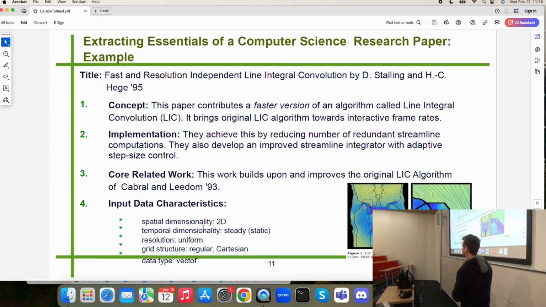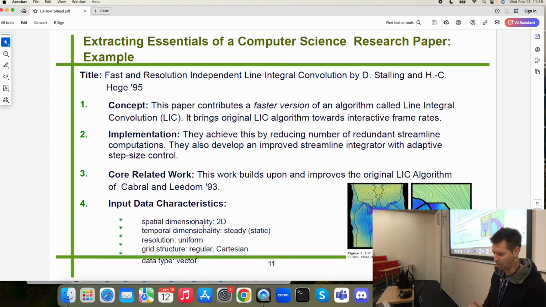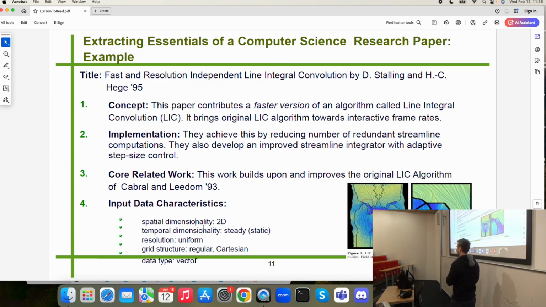But you can go and look at this paper and then say, okay, I can see the solution here. How did Bob get to that solution? How did he pick out the concept? Where can I find the concept? Where can I find the implementation? Where can I find the related work and the input data characteristics? But this is what it looks like.